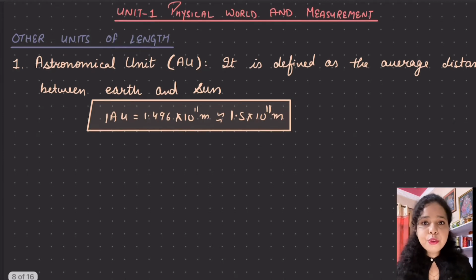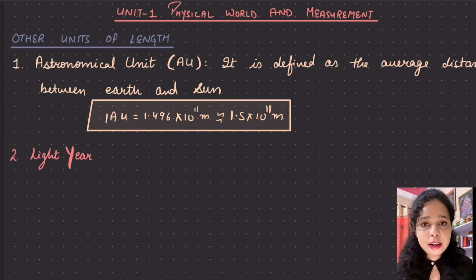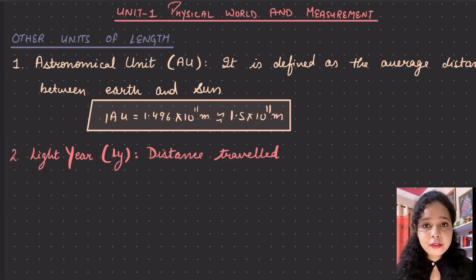The second unit which we make use of is called light year, and it is represented by LY. One light year is the distance traveled by light in one complete year in vacuum. So the total distance which light travels in a vacuum in 1 year gives us 1 light year.